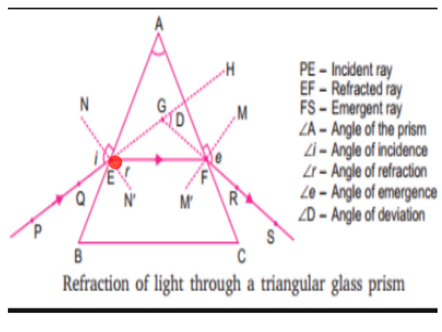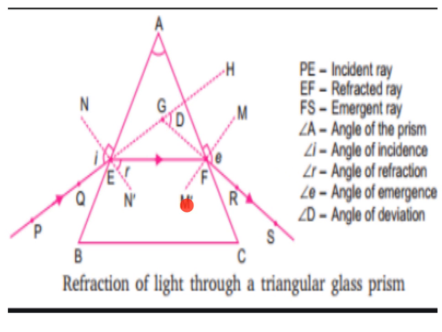Then the ray EF is the refracted ray. Then FS is your emergent ray.